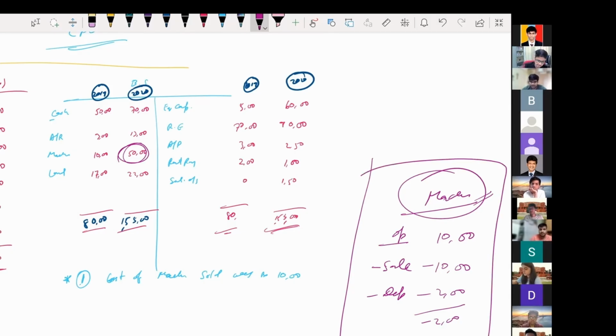Because within these numbers there was hidden information that you have bought some machinery. If you look at only these numbers straight away, you could have said that you must have bought 40 lakh ka machinery, right? You had 10 and at the end you have 50. But that's not the only thing that affected machinery.